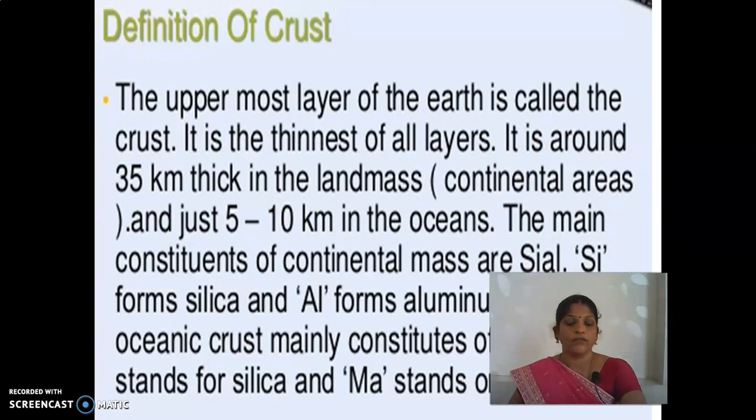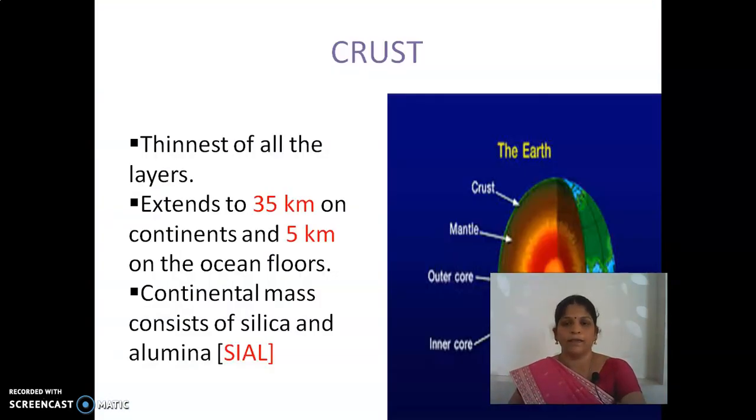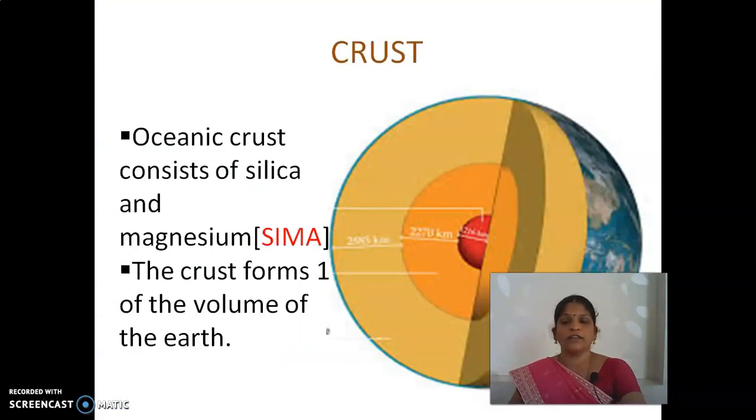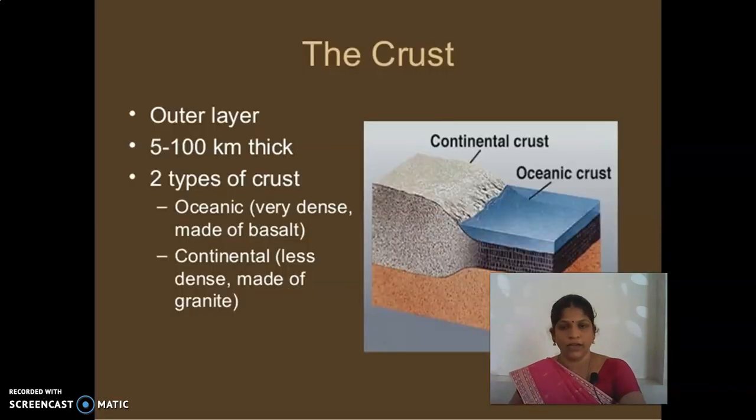Continental mass consists of silica and alumina, that is Sial. Oceanic crust consists of silica and magnesium. The crust forms 1% of the volume of the earth. The two crustal layers of the lithosphere are called continental crust and oceanic crust. Children, shall we go to the next?